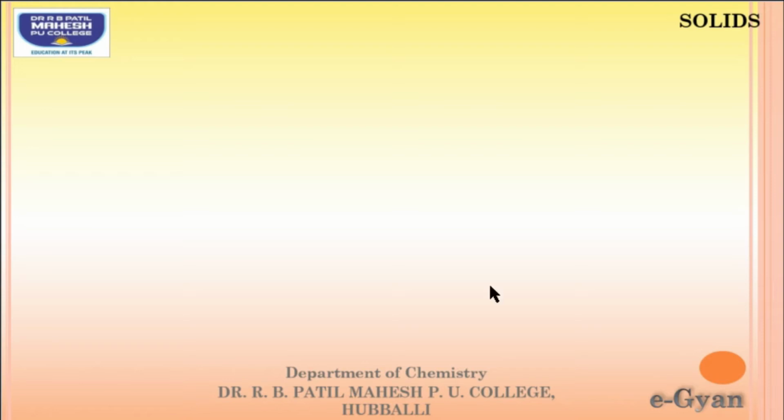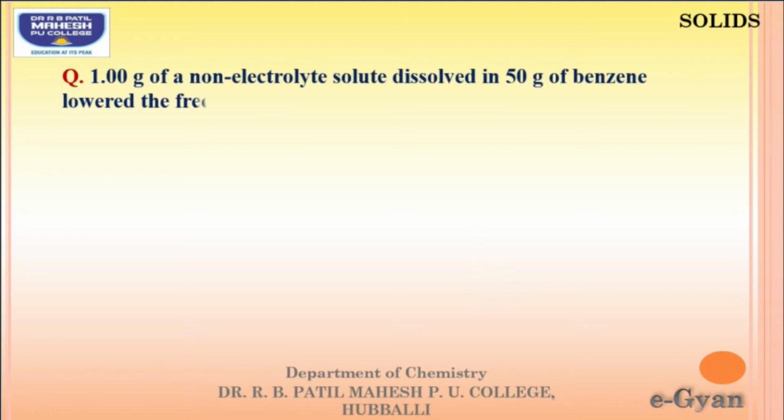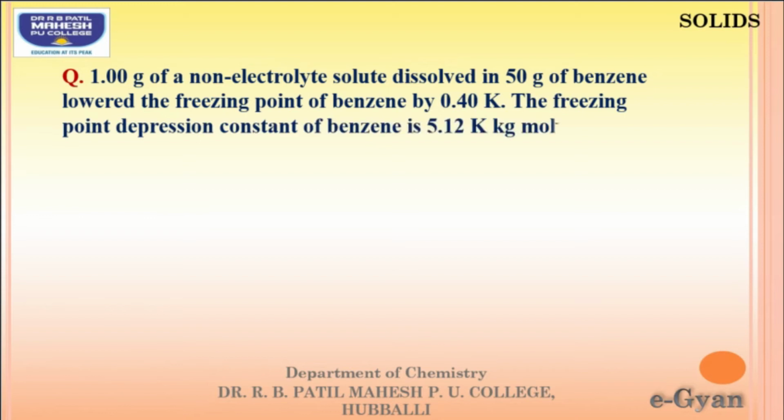Third one: 1 gram of a non-electrolyte solute dissolved in 50 gram of benzene lowers the freezing point of benzene by 0.40 Kelvin. The freezing point depression constant of benzene is 5.12 Kelvin kg per mole. Find the molar mass of the solute.